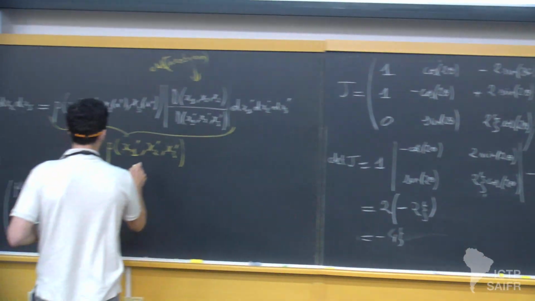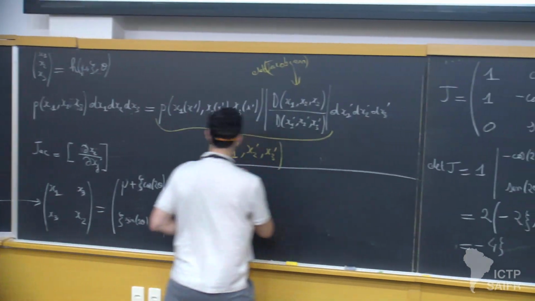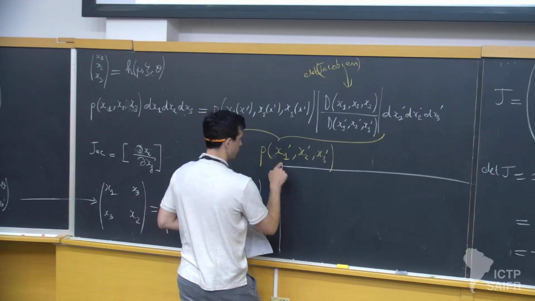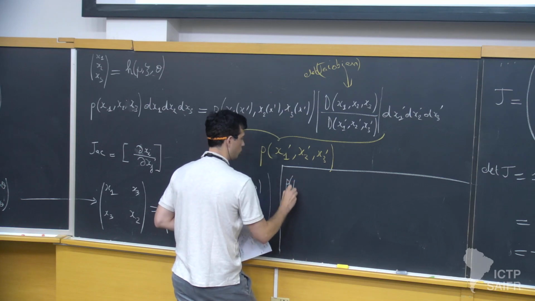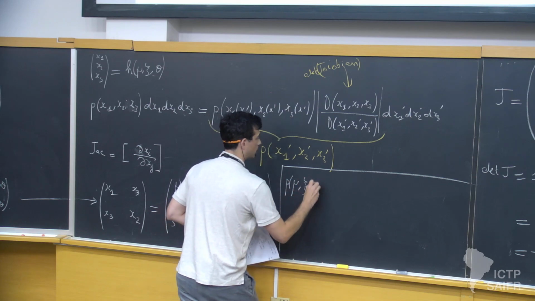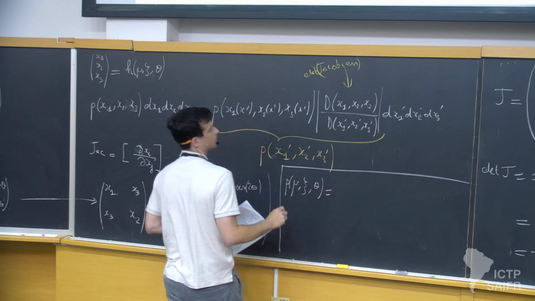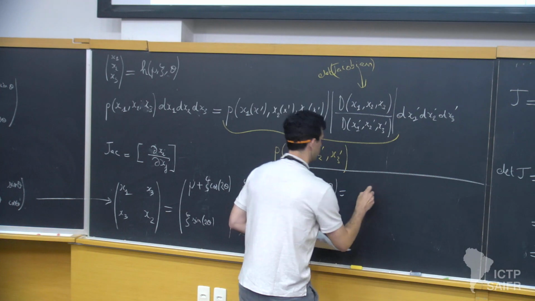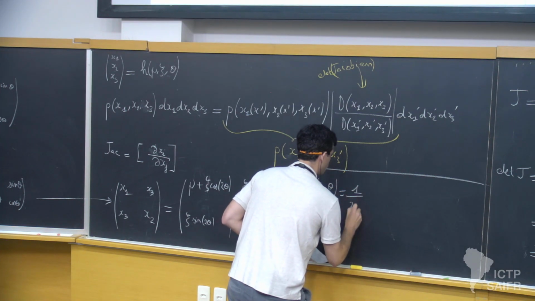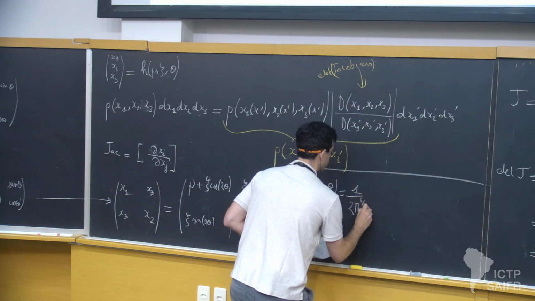So basically, what I obtain is that this thing in yellow, P, the probability distribution of mu, psi, and theta, is equal to, so just write it down, the first one is 1 over 2 pi to the power 3 half.